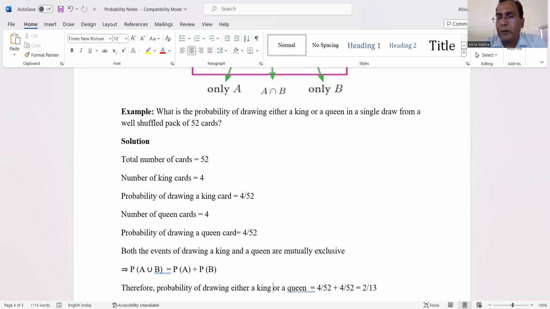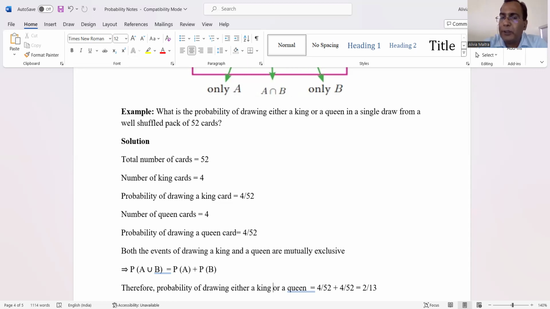So how can we solve this question? As we already know, the total number of cards is 52. Next, the number of king cards is 4. The probability for drawing a king card is 4/52. That is important. 4/52 means the number of favorable cases for the event divided by the total possible outcomes.